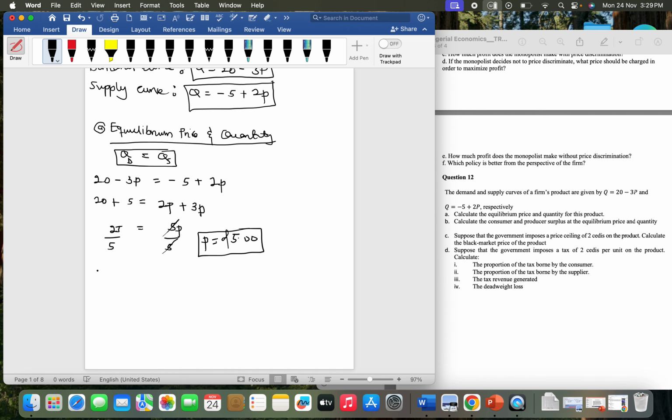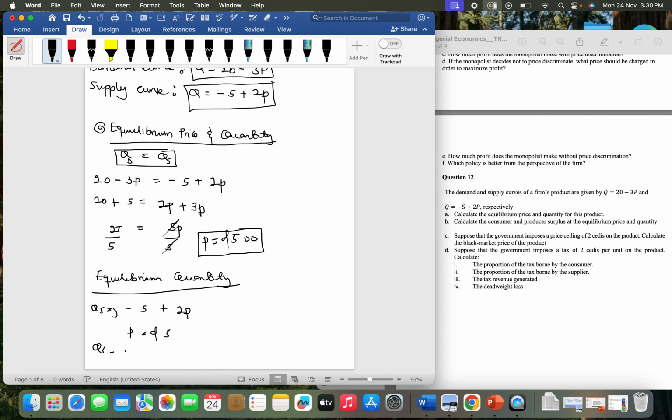Now, in finding equilibrium quantity, you put the price in any of the functions, whether the demand function or the supply function, to get equilibrium quantity. You can actually use any of them, but mostly we use the supply function. So QS, the supply function, was given as -5 + 2P, where P is equal to 5 cedis.